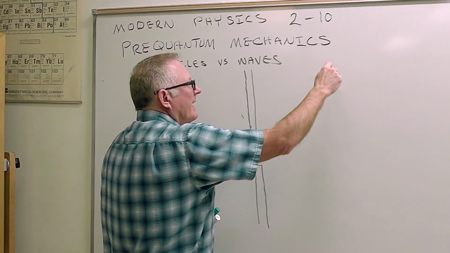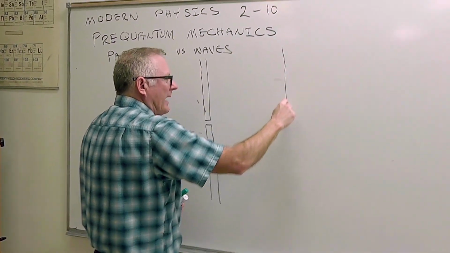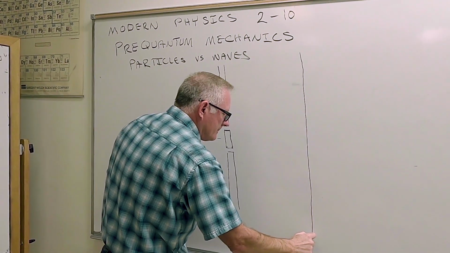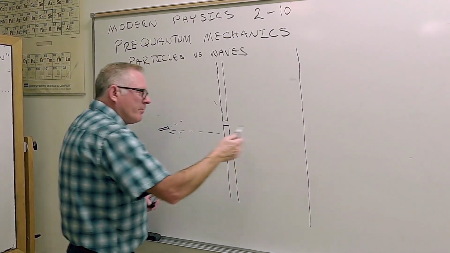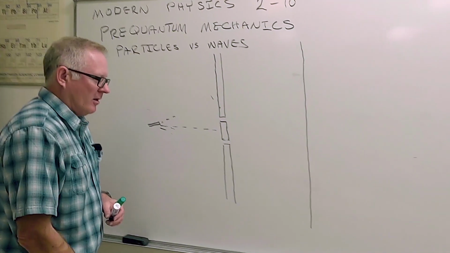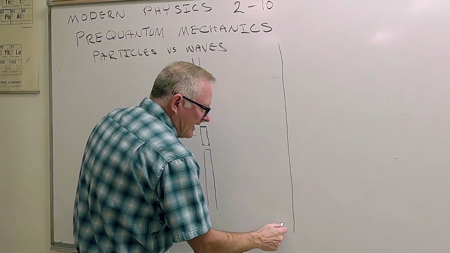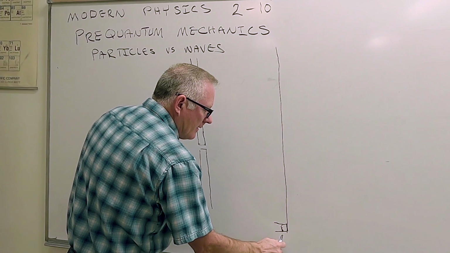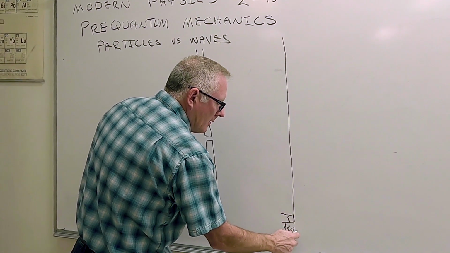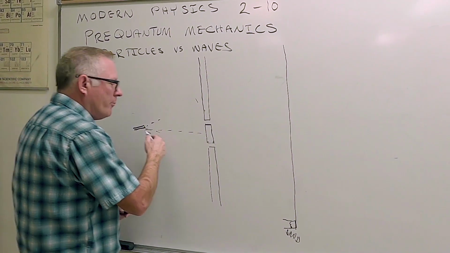Okay, and now back here, I'm going to have a back wall. And I want to know where these bullets are going to hit the back wall. So what I could have is a little bucket here, fill it with sand, and we'll shoot a bullet.